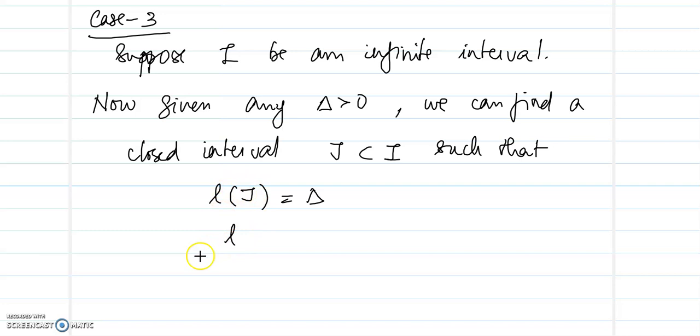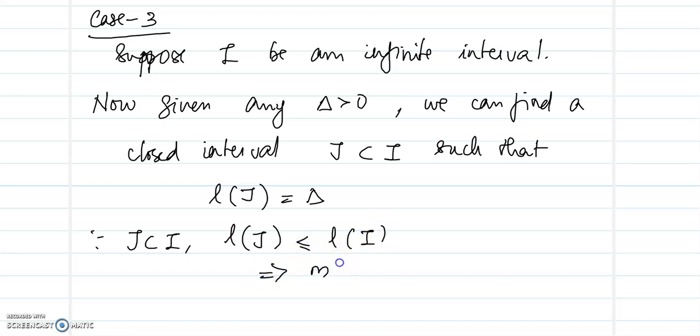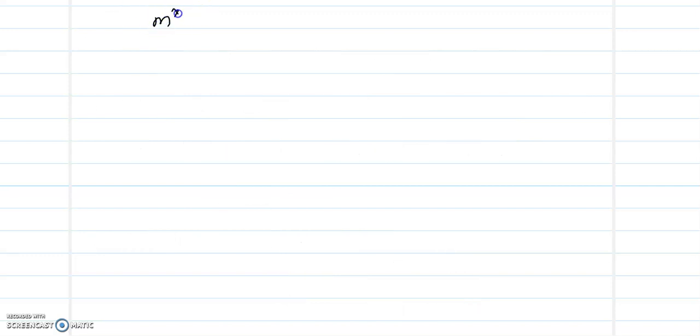Now, since J is contained in I, length of J would be less than length of I. So M star of J will be less than or equal to M star of I. So that implies you will have delta less than or equal to M star of I. So you will have M star of I greater than or equal to delta.